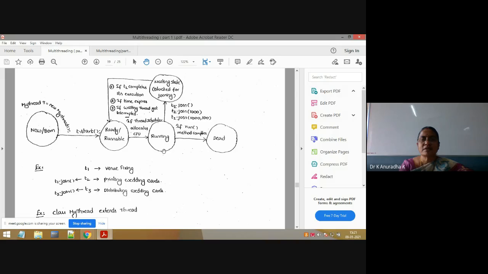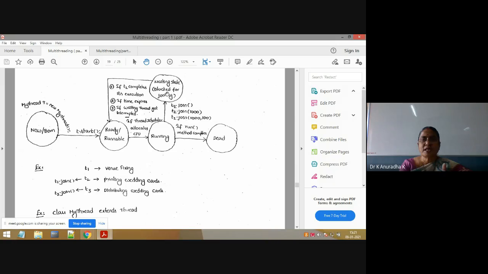Then what will happen? Inside T1, when you write T2.join, if T1 is in the running state, then T1 will enter into the waiting state to give a chance to T2 for execution. Now T2 will get the CPU and go to the running state, and T1 is in the waiting state.